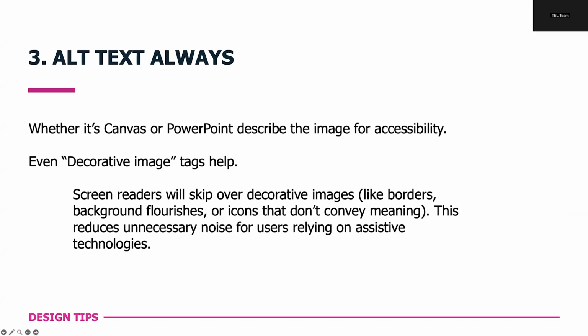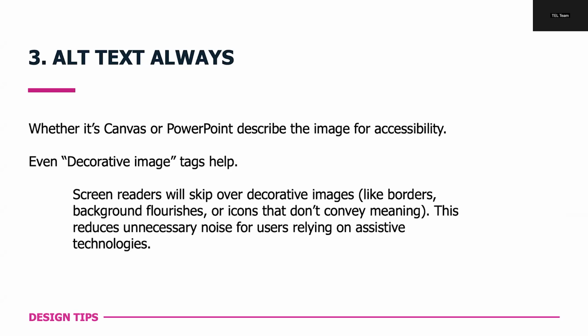Alt text always. That just basically means looking at any of the images that you put on screen in Canvas or in PowerPoint, and making sure that you add alternative tags. And if they are decorative images, so any image that doesn't need to be described by a screen reader, it can be constituted as a decorative image.